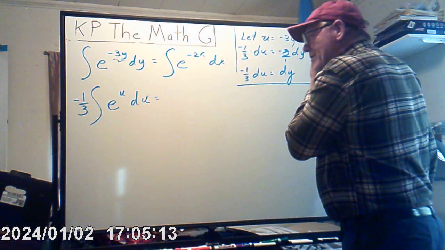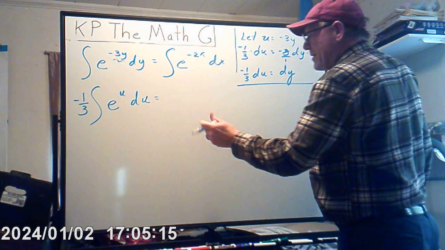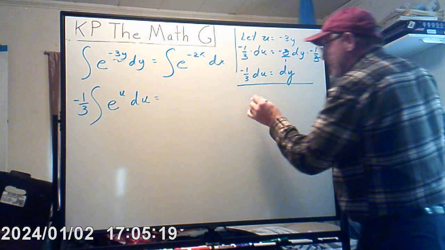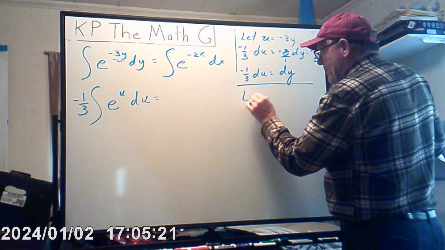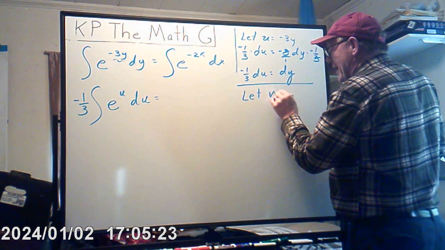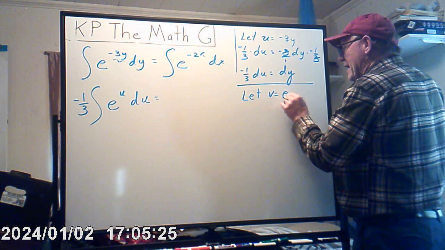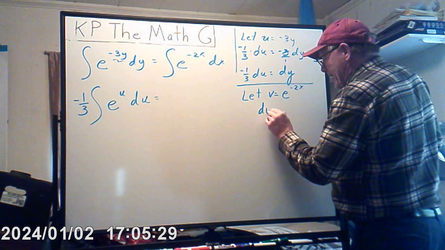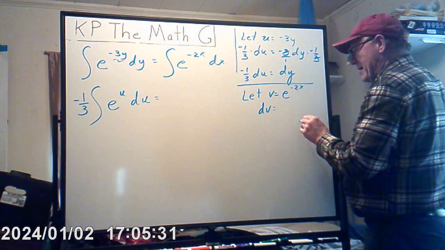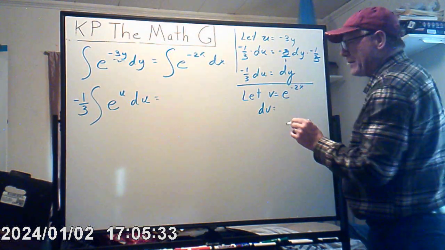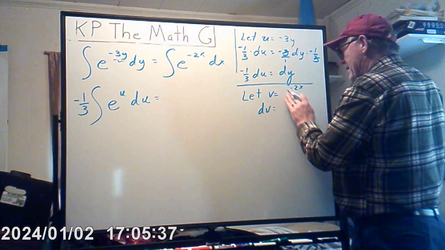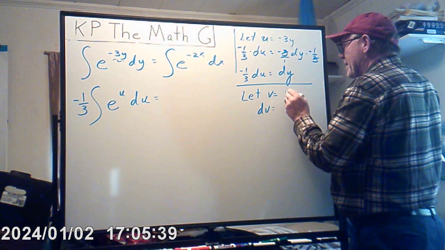Now let's do the same thing to this side. Can't you see this is actually going to be a negative 1/2? But let's do it anyway. So let v equal negative 2x. dv, the derivative of the left side, is equal to, I'm not letting it be e, I'm letting it just be negative 2x.